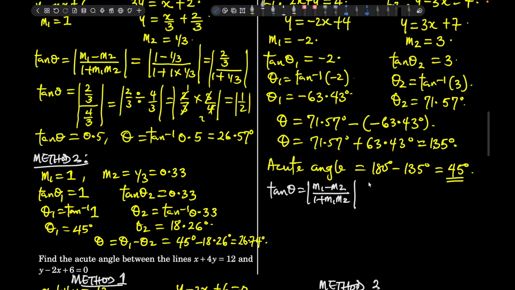M1 calculated already is minus 2. M2 has been calculated already as 3. That has been sorted, over 1 plus M1, which is minus 2, M2 is 3. I'll just multiply them together because of time. So minus 2, in bracket, times 3.